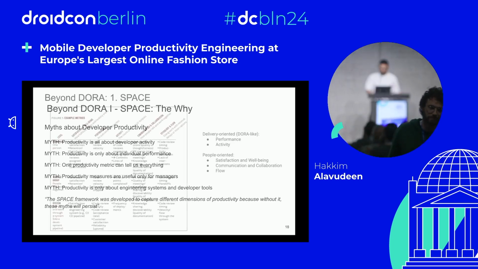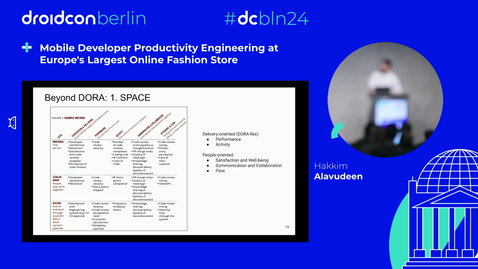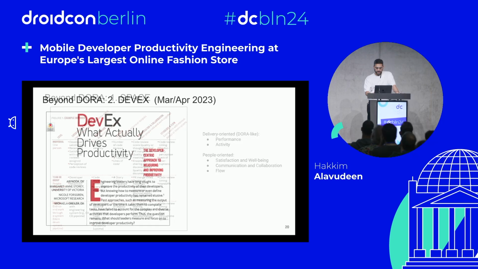So this is what their model looks like. On top, they have these DORA-like metrics, right? So for example, performance and activity, but they also have very people-oriented metrics like communication and collaboration and flow, which I'll talk about in a moment.